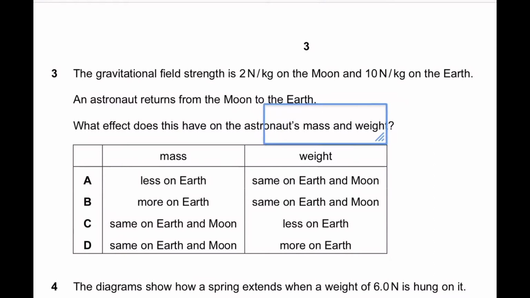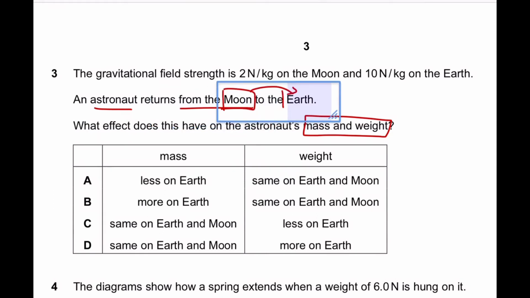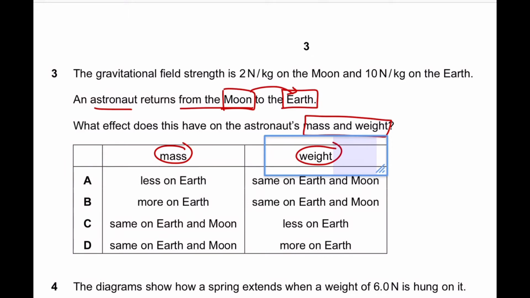Okay, they're asking mass and weight. Let me underline that. And the key word here is that the astronaut returns from the moon to the Earth back. They're asking what happens to the mass and what happens to the weight of this astronaut.